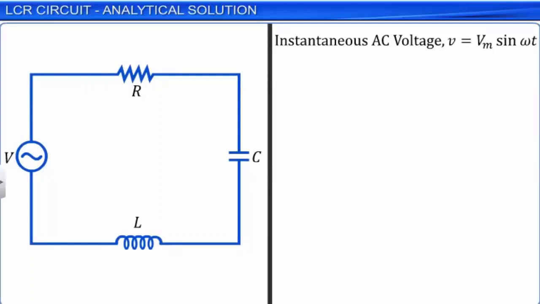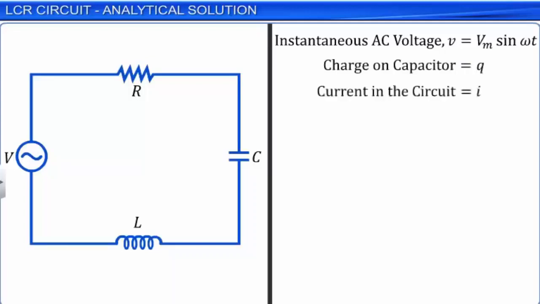Here, AC voltage V is the instantaneous voltage existing in the circuit. At any instant of time, the charge on the capacitor is Q. The current in the circuit is I, and di by dt represents the rate of change of current in the circuit.